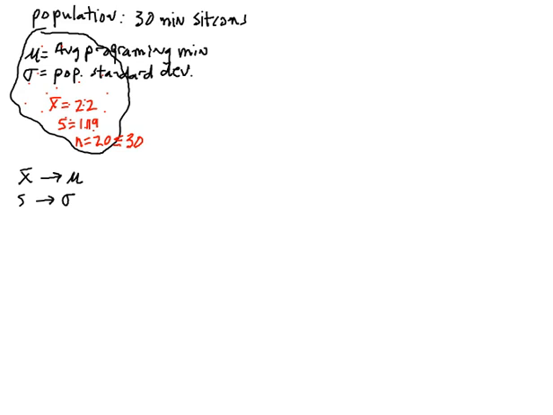And for our confidence interval, we're going to look at the formula x bar plus or minus t alpha over 2 times our standard error, s over the square root of n. Again, this part of our confidence interval is our margin of error.